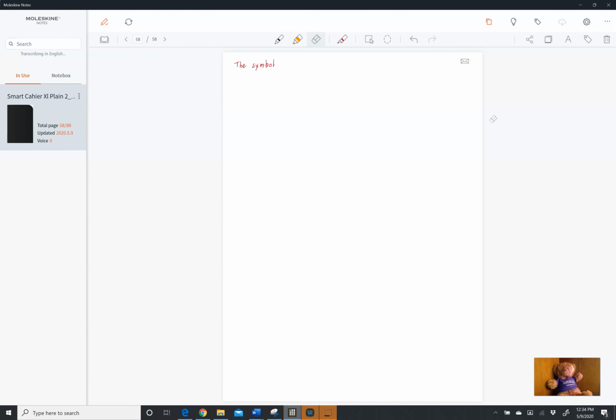Again, there's not really a good way for me to do this if I'm writing it by hand, but it looks like a P. It's actually the Greek letter, R-H-O, and it's pronounced rho. And this would be the population correlation coefficient.